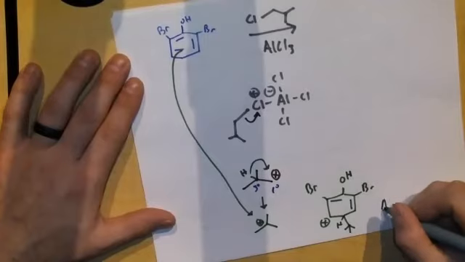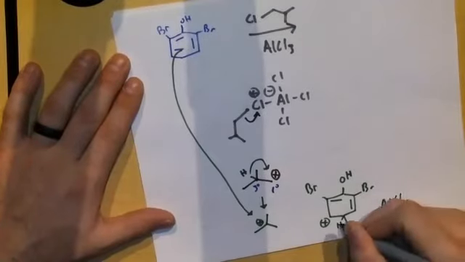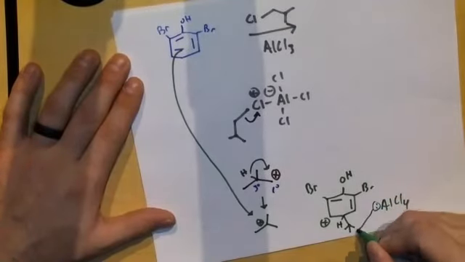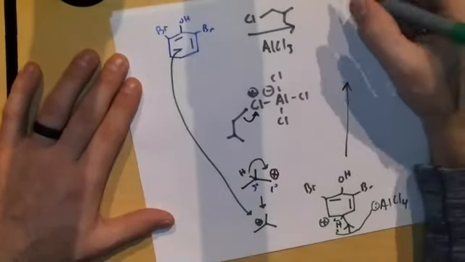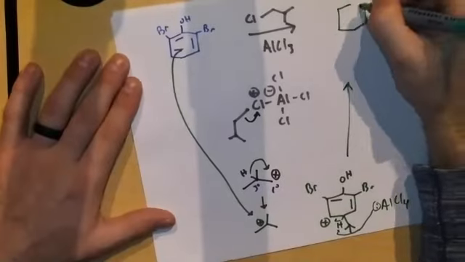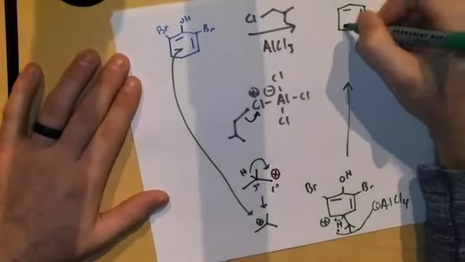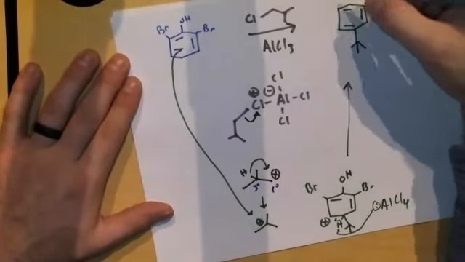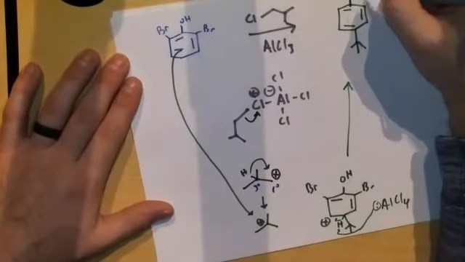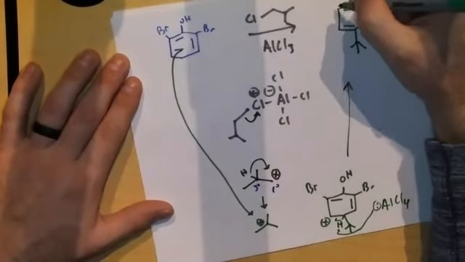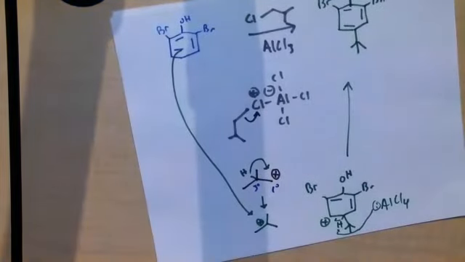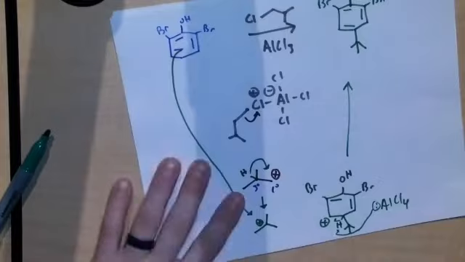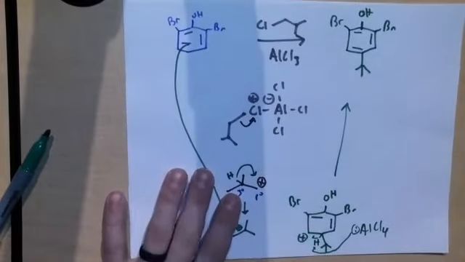Our AlCl4 can pull off that proton, and lets us alkylate.